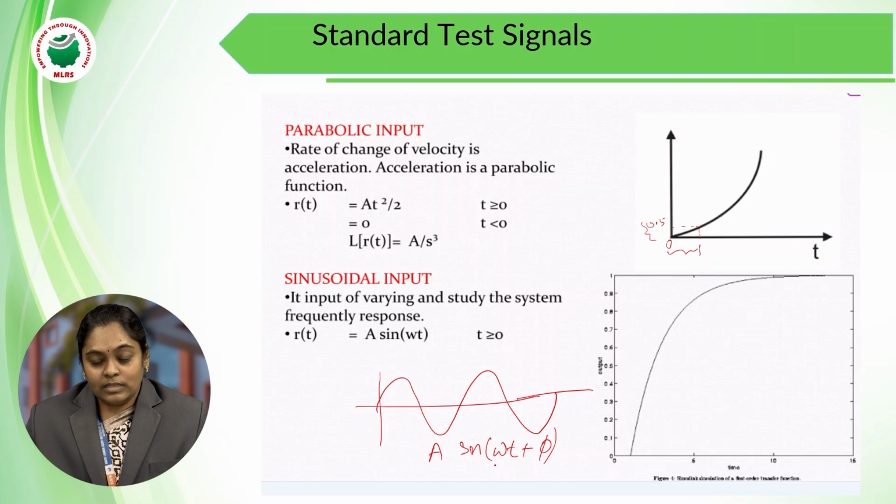A sine signal consists of basically three parameters. One is the amplitude A, omega is the frequency of the signal, and phi is the phase of the signal. In this example, I have taken the phase value as 0. I am least bothered about the phase, but I am giving some importance to the amplitude as well as the frequency of the signal.